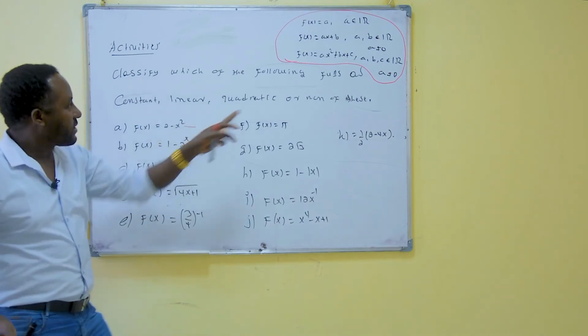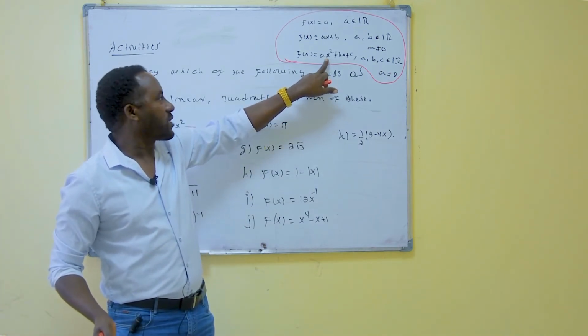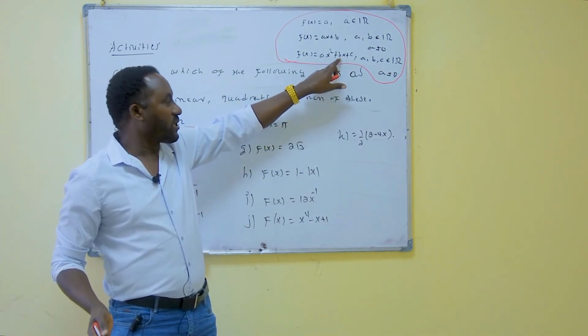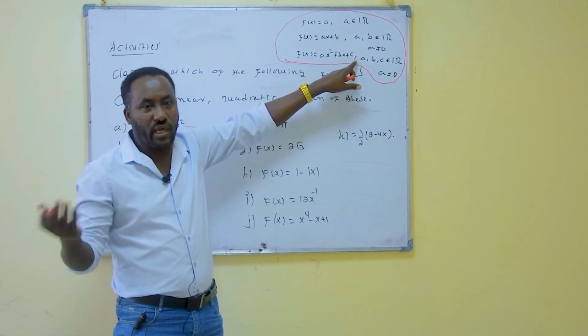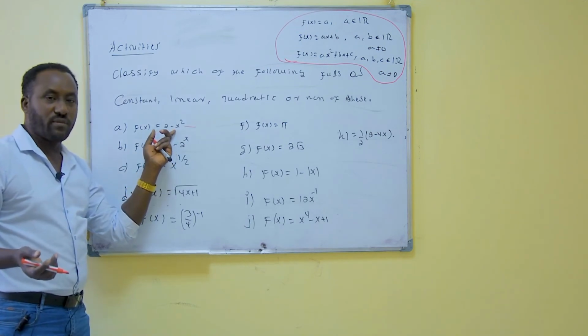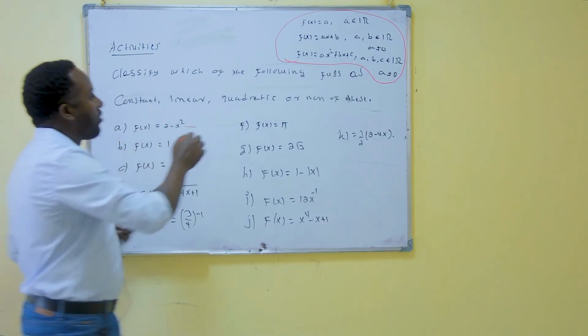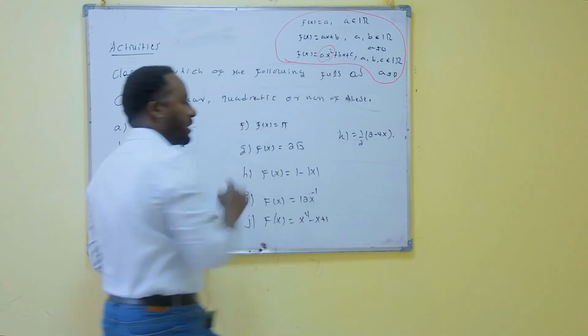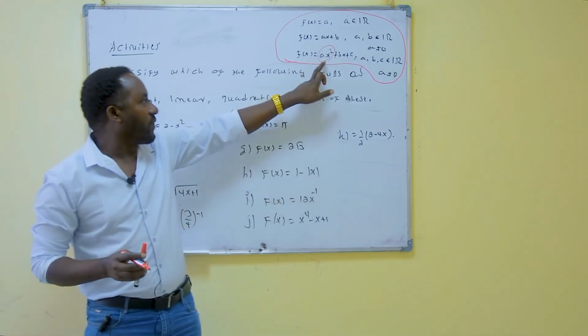This is written in the form of ax squared plus bx plus c. This b may be 0, we don't care about that, and c may be 0, we don't care about that. But we have to be careful about the leading term, meaning ax squared. In the case of quadratic, if it is already available, we don't care about the others.